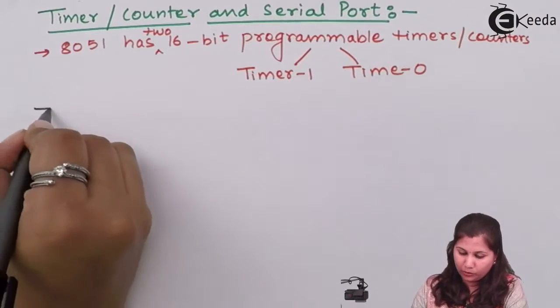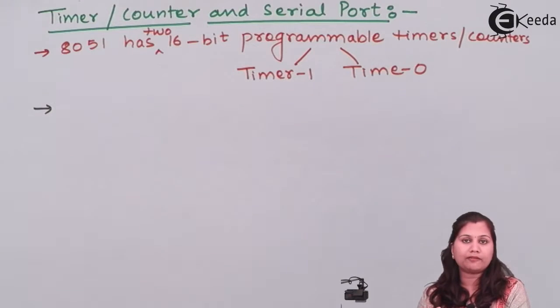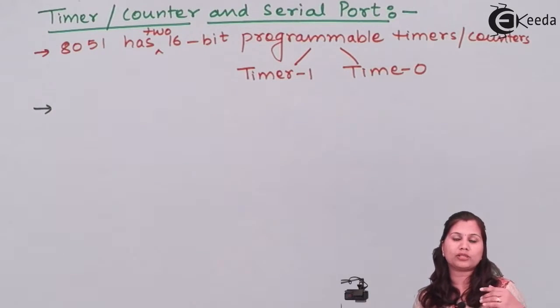So in the counter mode, they are going to count the transitions, that is, we can load the counter with the count value, and this count value will either be decremented or incremented. Suppose we have loaded the counter with the value 10; we can decrement it until its value reaches 0. Or we can load it with the value 0 and increment it till the value 10.